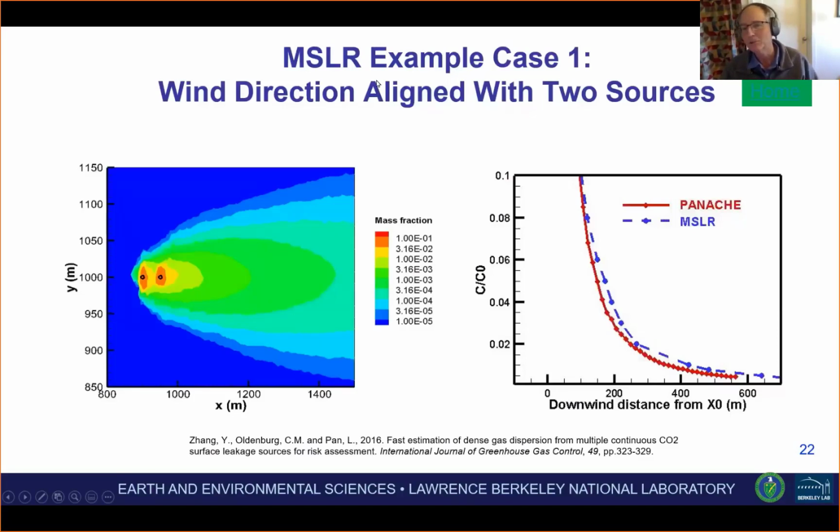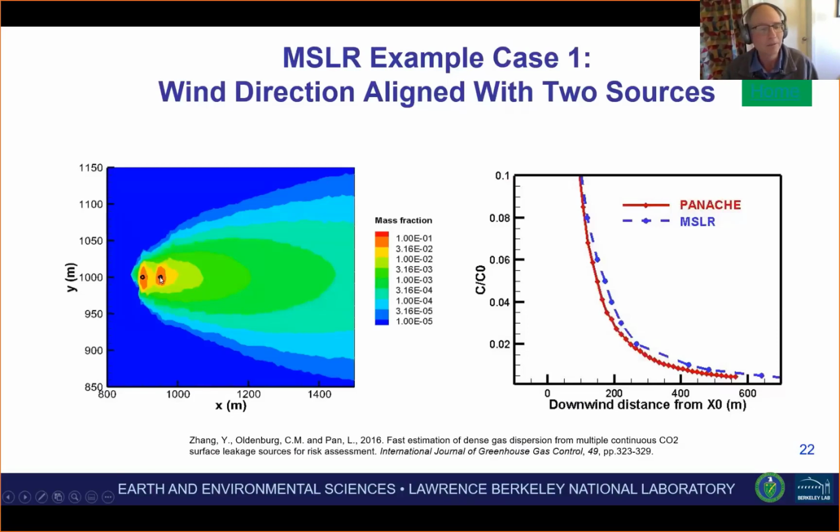And does this thing work? I mean, what are these nomographs? So we also, in this paper, you'll see a description of our work in comparing the simple Britter and McQuaid nomograph approach to Panache, which is a CFD, computational fluid dynamics code.